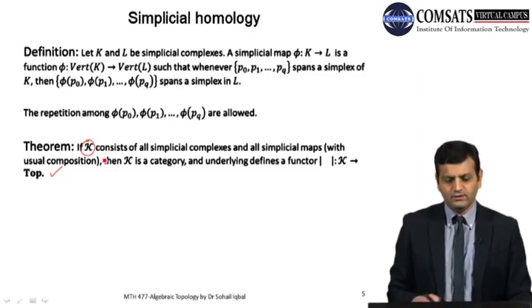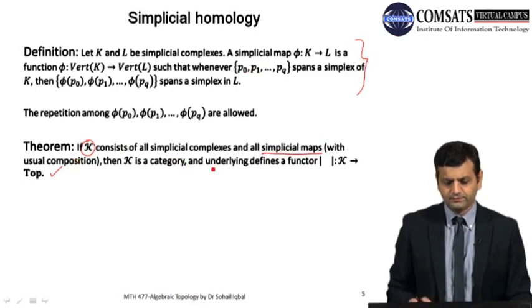The first thing we have said in this result is that we have a category of simplicial complexes. In this category, what are the objects? The objects are simplicial complexes. And what are the maps? The morphisms are just the simplicial maps. That's the definition of the simplicial map.